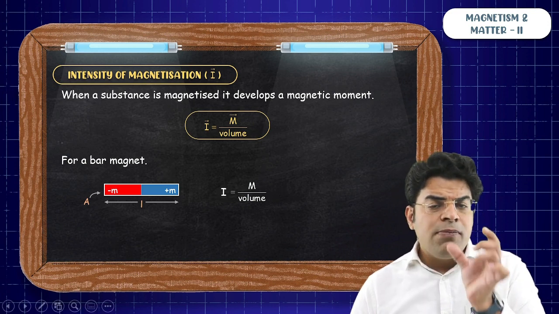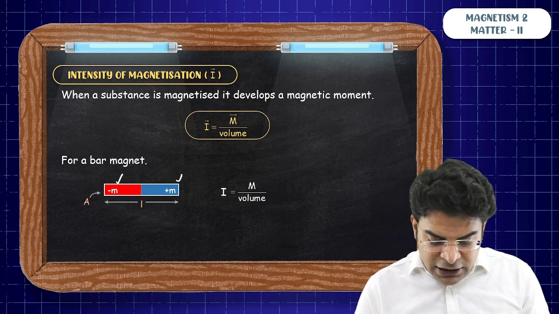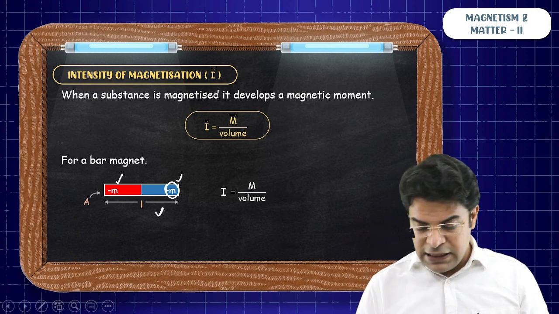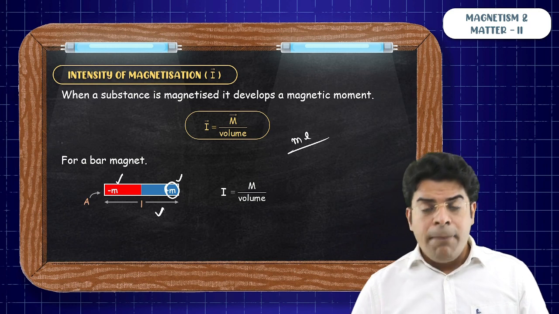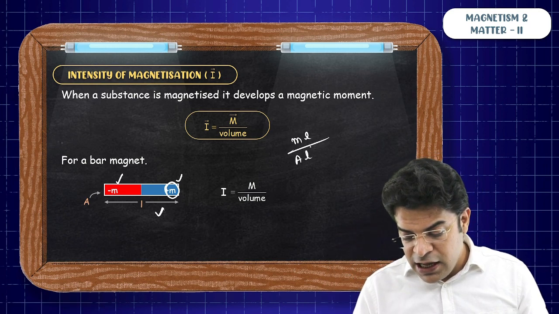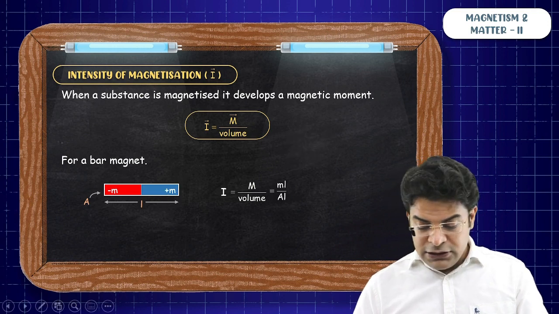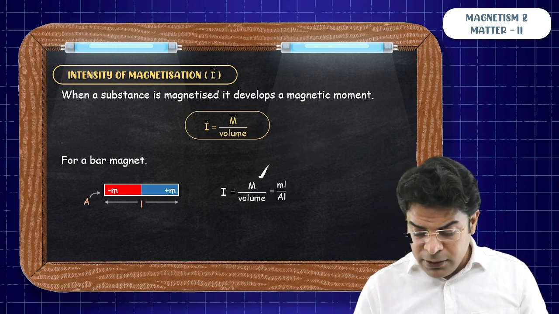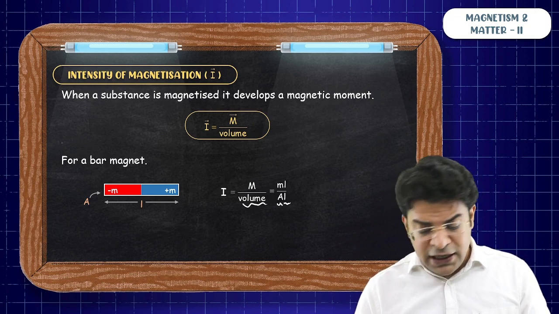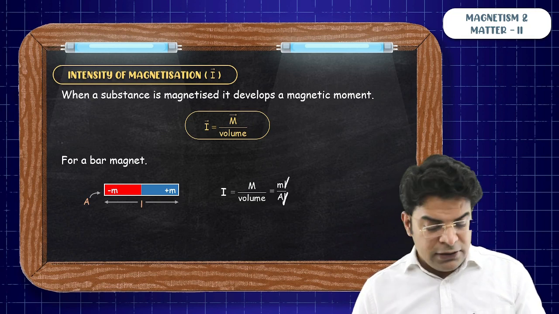The magnetic moment of this bar magnet will be nothing but the pole strength times the separation between the poles, which is M times L, upon the volume of the bar magnet, which is nothing but the cross-sectional area into length. So you can write this as, in place of magnetic moment, the pole strength into length, and in place of volume, the cross-sectional area times length, and you can cancel out the length and length.